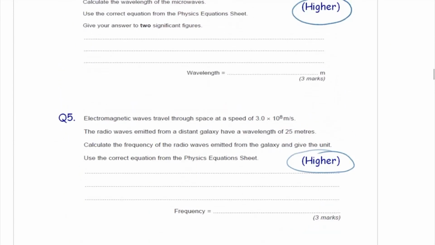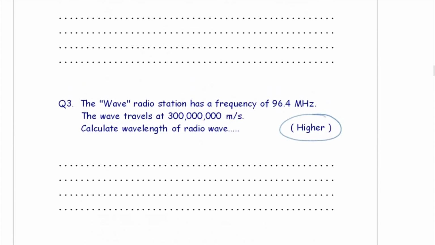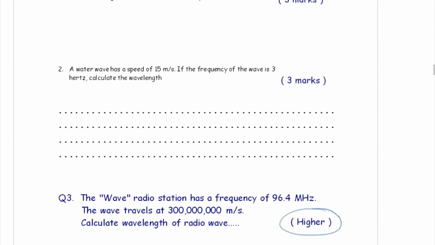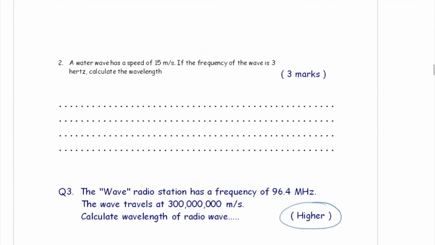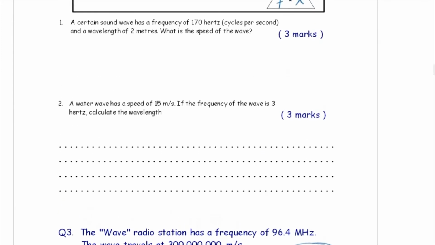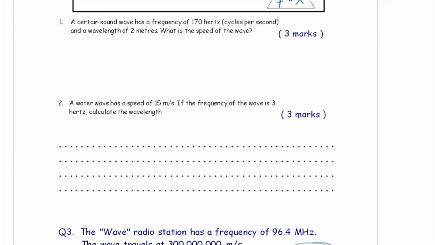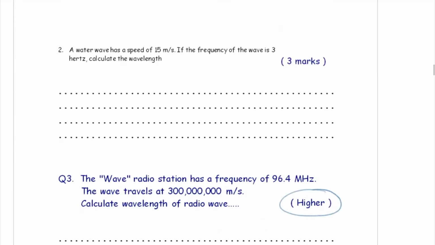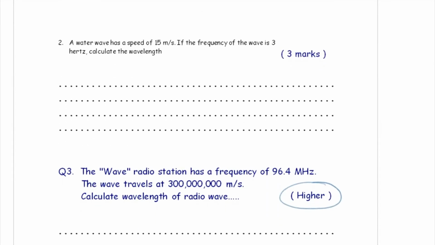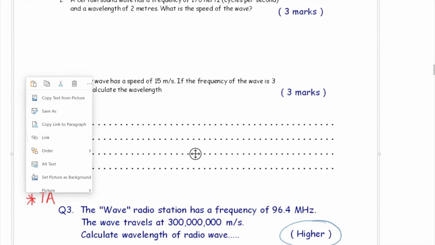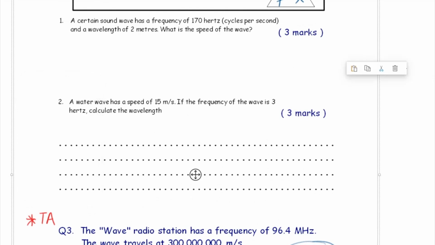So 6, 5, 4, 3 are higher tier. I'm going to do question 1. Question 2 will be a self-assess, and then question 3 onwards will be a teacher assess. Get your highlighter ready.